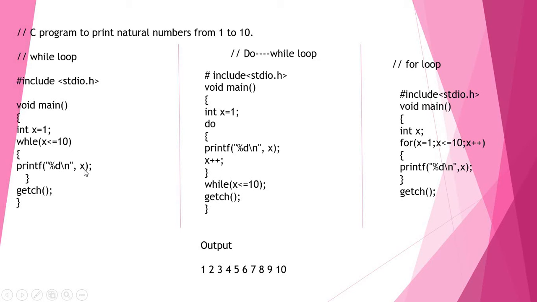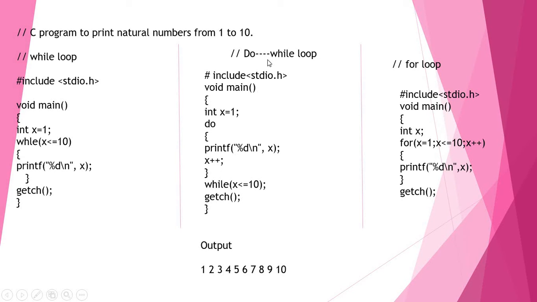First it will print the x initialization value 1. Then the cursor will go to the next line and x becomes 2. This repeats until x holds the value 10, and accordingly we get the output.